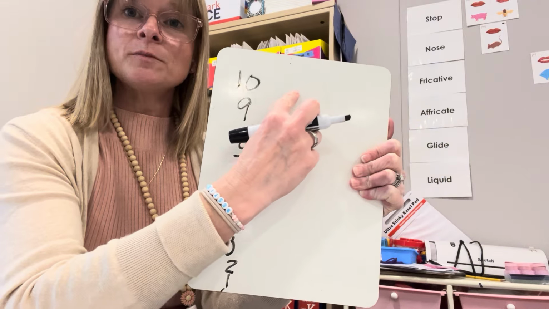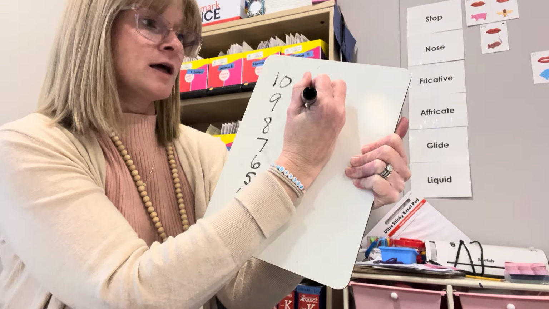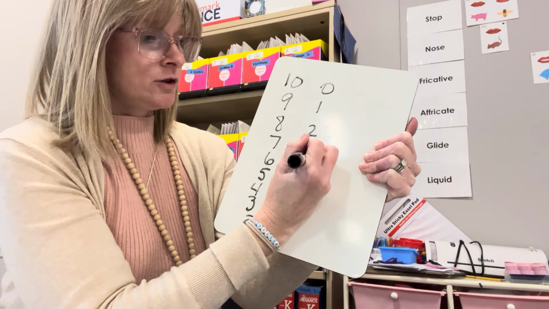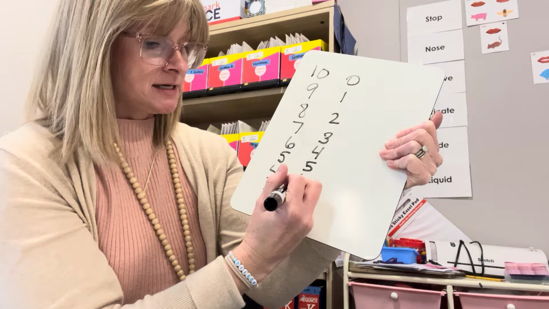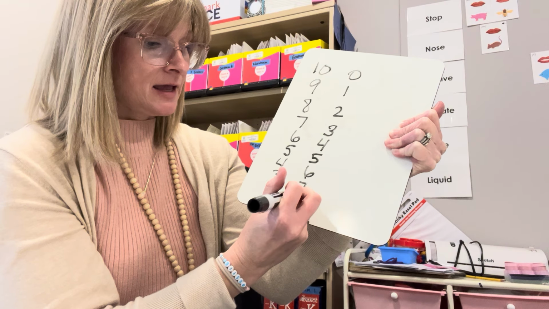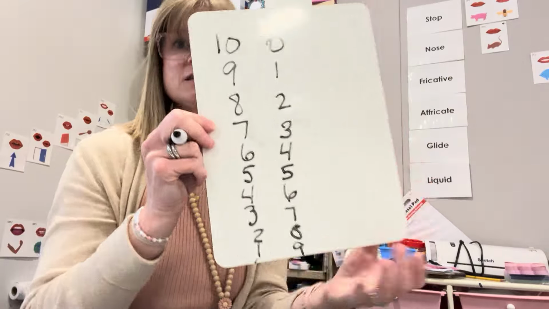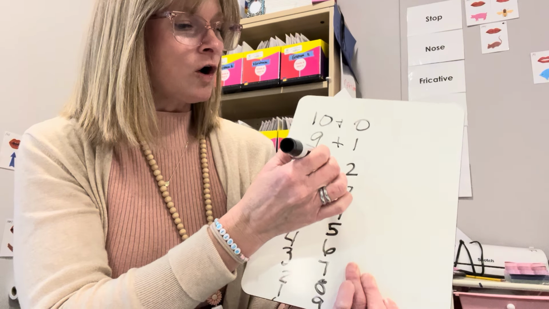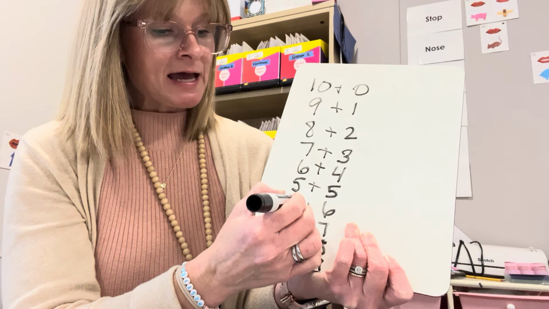And then I match the numbers over here and I start at 0, and I count up. 1, 2, 3, 4, 5, 6, 7, 8, 9, and then 10 would be on the bottom. But of course I ran out of room, so this isn't the best example. That's okay. If I put a plus sign here, these are all the ways to make 10.